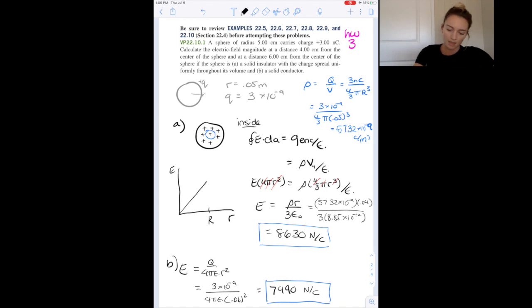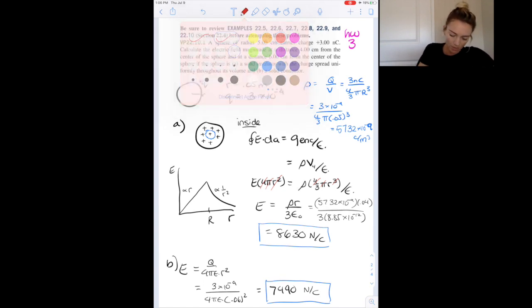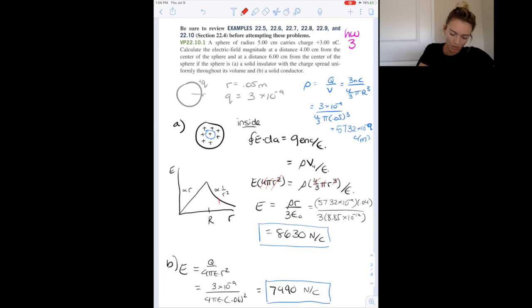And then outside, it has 1 over r squared, so it looks like a point charge, and it's going to look like this. So this is proportional to r, this is proportional to 1 over r squared. So it makes sense that 1 centimeter outside the sphere is less than 1 centimeter inside the sphere.